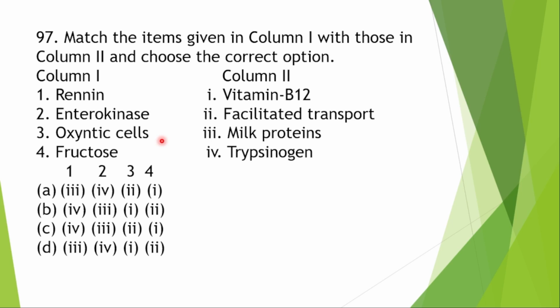So here 1 is 3, that is milk protein. Enterokinase is for trypsinogen, right? 1 is 3 and 2 is 4, 3 is 1 and 4 is 2. So the right option is option D.